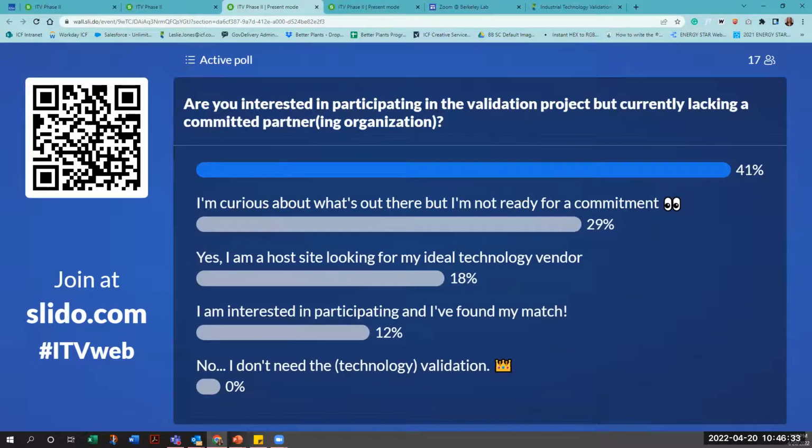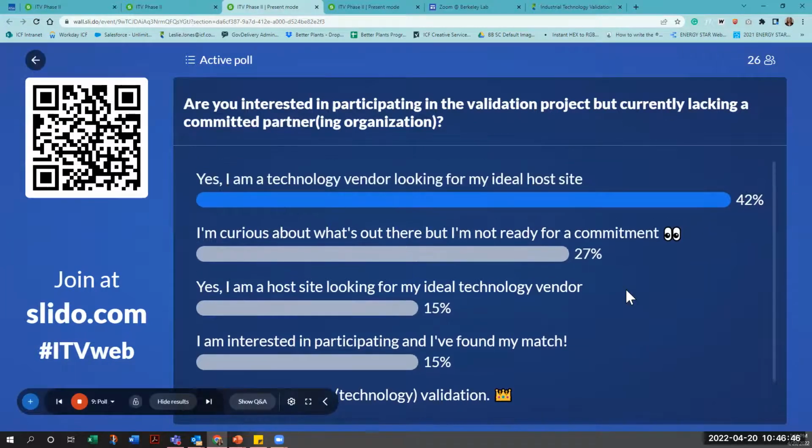Okay, cool. That's exciting that some people actually already have their pairing here. And some people are looking to learn more before committing, that makes perfect sense.